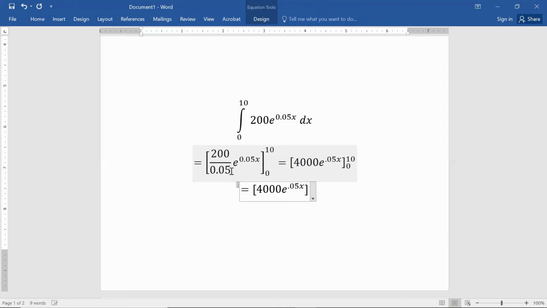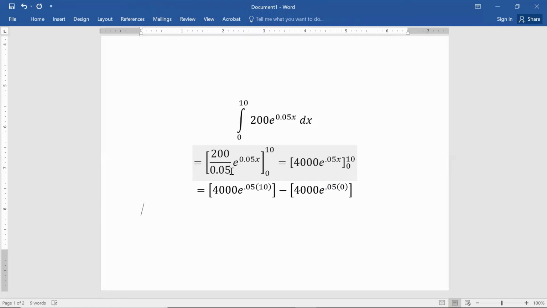So we plug in 10 and then subtract what I get when I plug in 0. Again, when I say plug in, I mean for x, obviously.